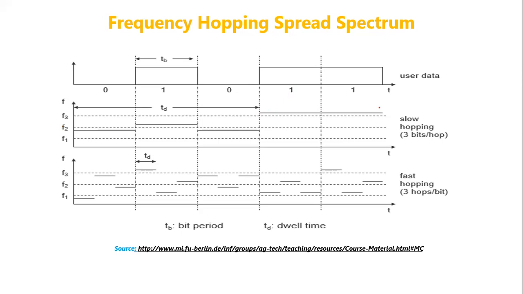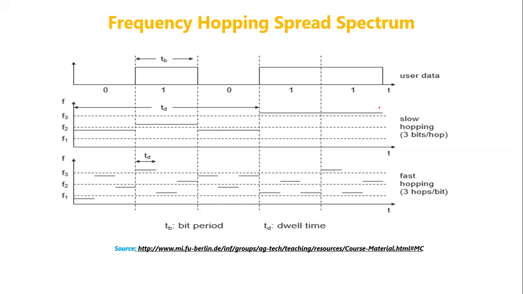So in slow hopping, the frequency of the transmitter or the receiver will not change until several clock pulses are over. Okay. So here you can see after one clock pulse how it works. In this diagram, three clock pulses are equal to one clock pulse of user data.